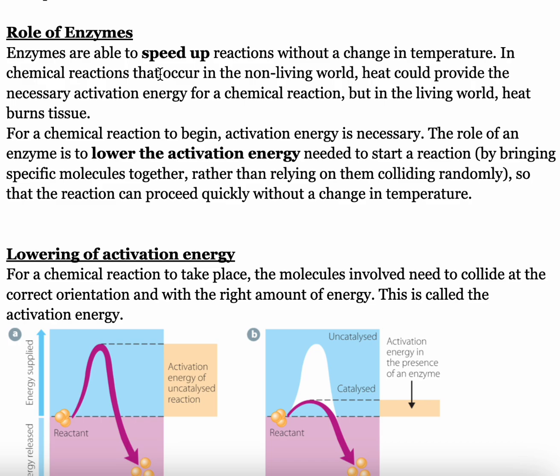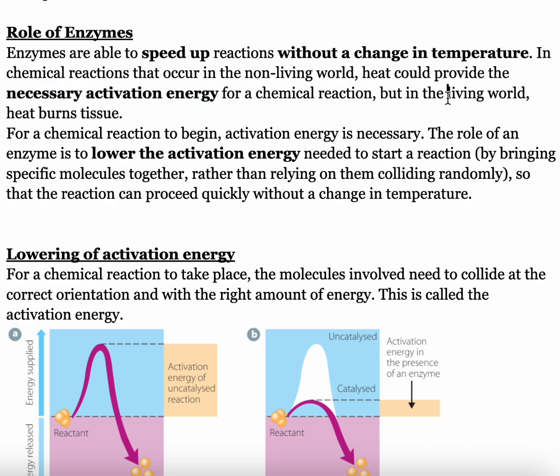So basically, the role of enzymes is to speed up reactions without a change in temperature. In chemical reactions, heat could provide the necessary energy, but in the living world, heat burns tissue, so that's obviously not a way to go.